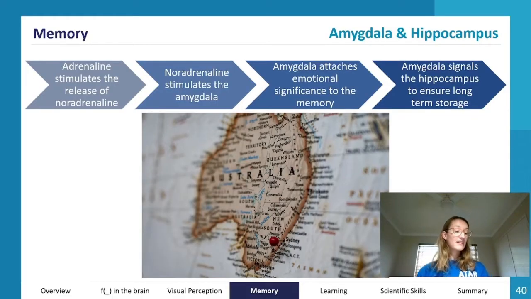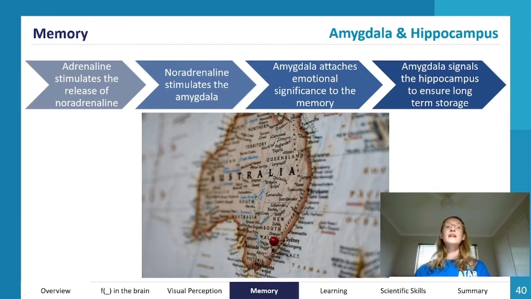So the hippocampus, unlike other structures in the brain, has cells that are able to reproduce, which is what enables new memories to be produced in the hippocampus, especially those explicit memories.